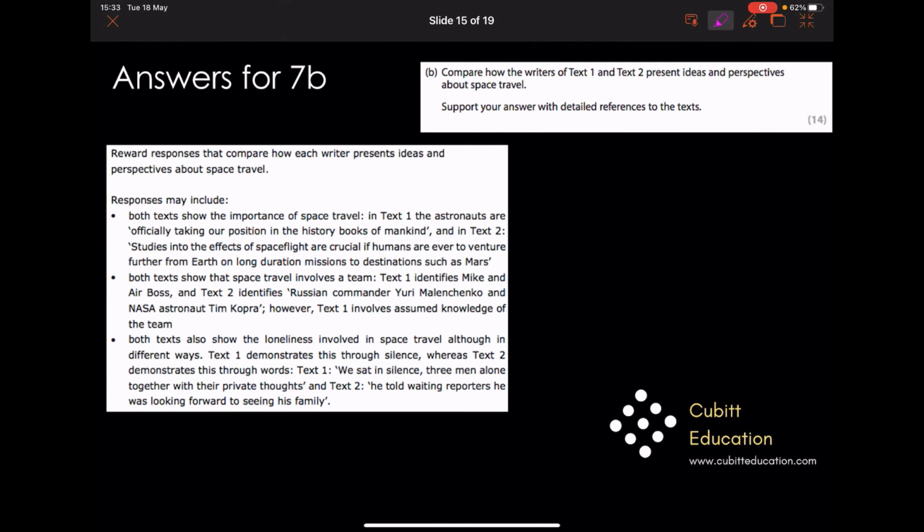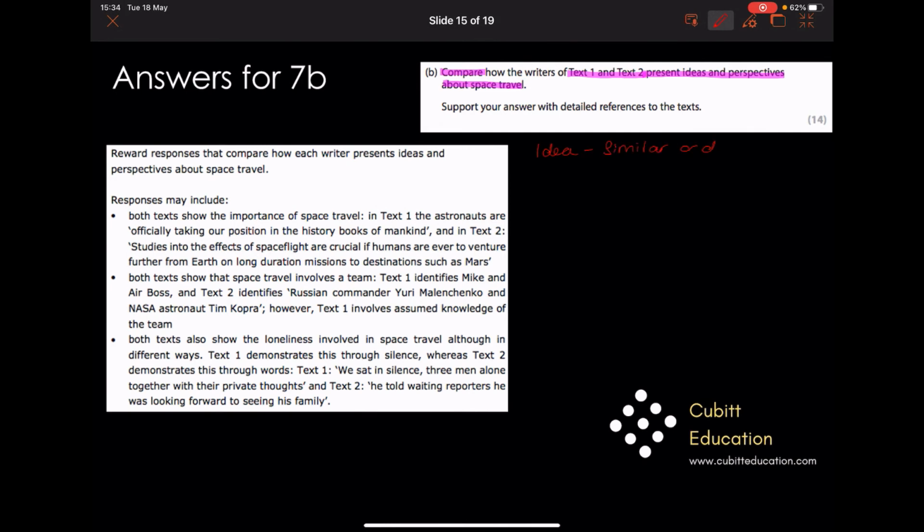Okay, so let's have a look at 7B then. Remember, 7B is about comparing how the writers of text 1 and text 2 present ideas and perspectives about space travel. So this can be really broad. It can be basically any idea about space travel that might be similar or different.